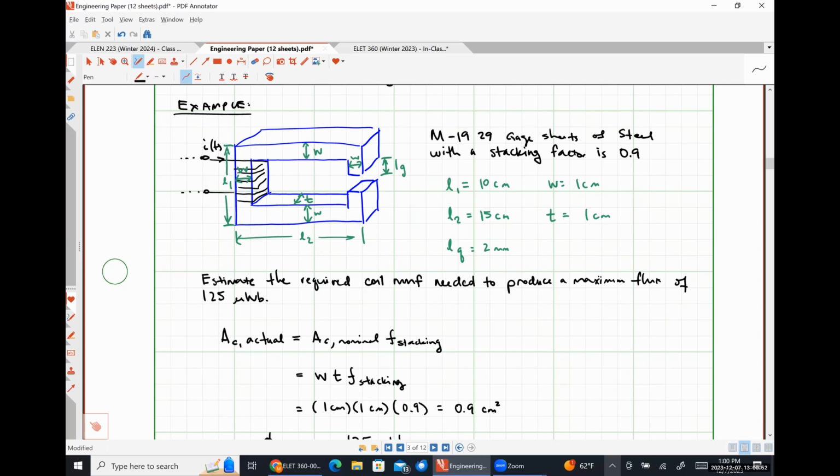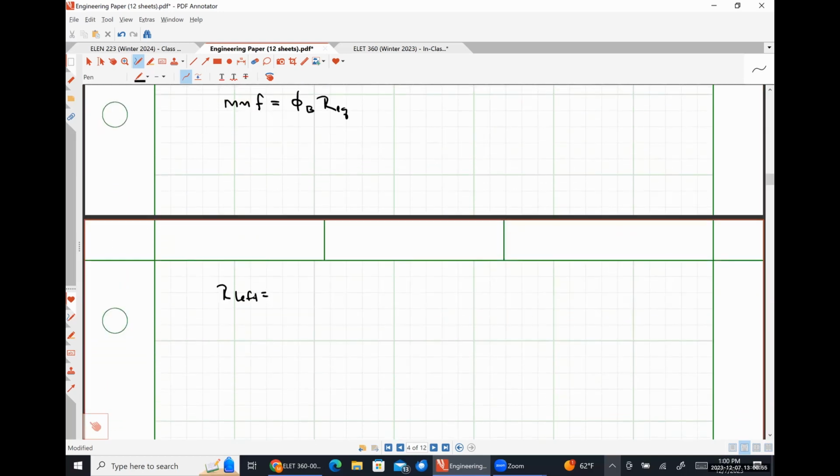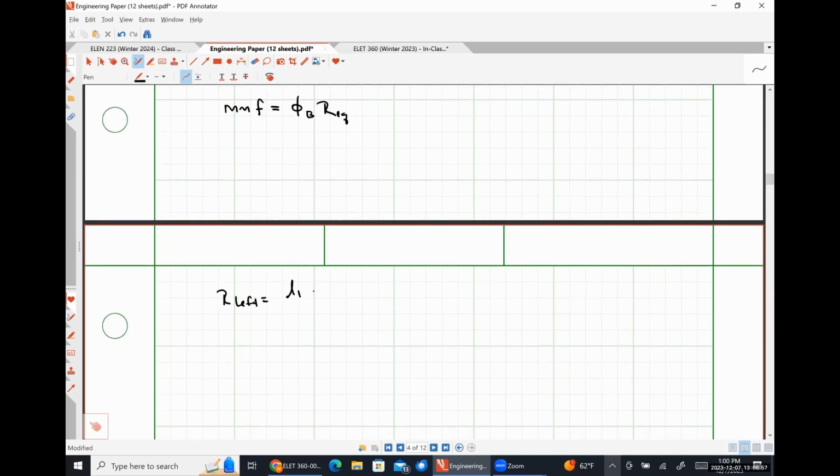L1 minus W. Yeah, so we're doing the same boring stuff that we've been doing now, okay? So L1 minus W divided by mu C times AC actual, right? And plugging in our numbers for this, we're going to wind up getting 7.920 times 10 to the 5 amp turns per Weber.